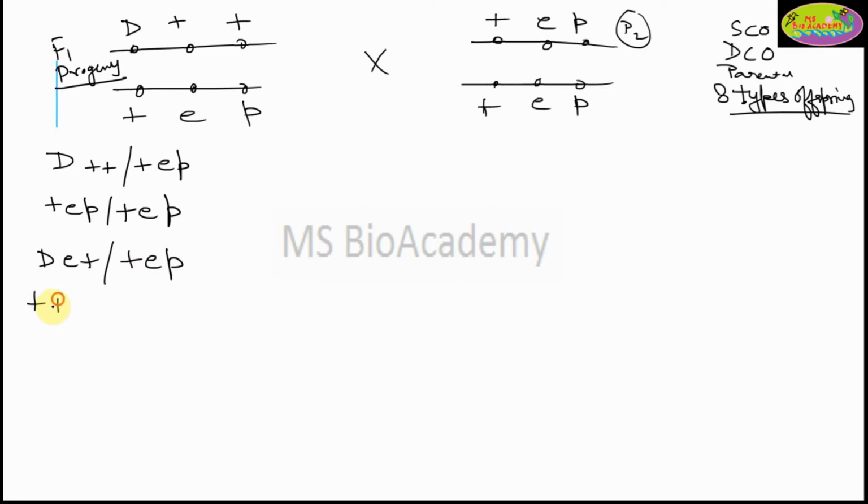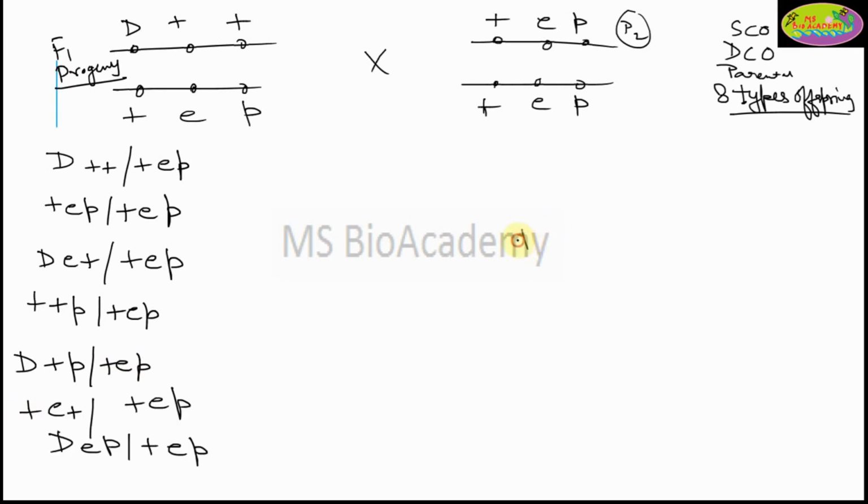Then we can get ++P / EP, correct. Then we're going to get D+P / EP. I'm going to write it down just quickly, and the last one I'm going to write down here, right? So these are the 8 offspring we are going to get: 1, 2, 3, 4, this one is your 5th, 6th, 7th, and this one is your 8th.